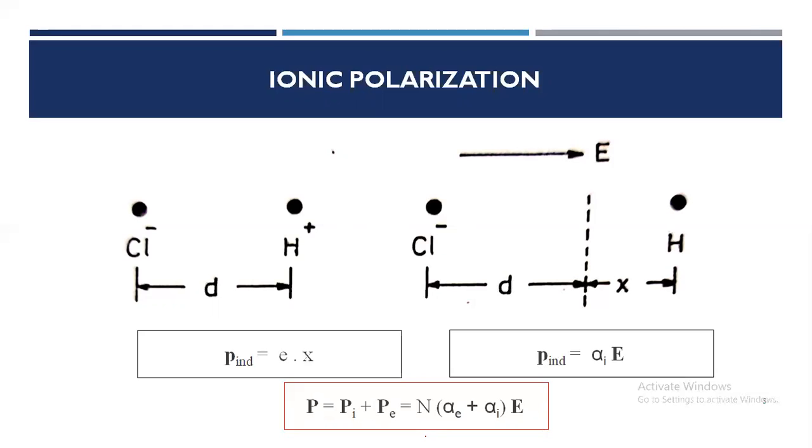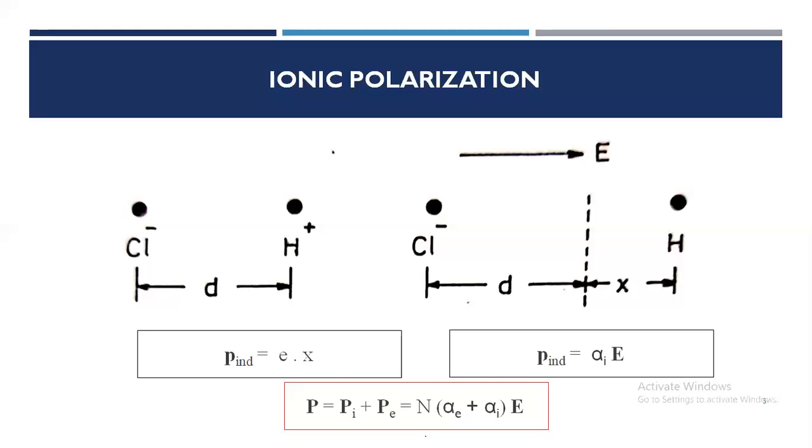In the sodium chloride bond, there is a transfer of an electron from the sodium atom to the chlorine atom, making it a negatively charged ion. Ionic polarization exists only for this type of material, which has a net positive charge and net negative charge.